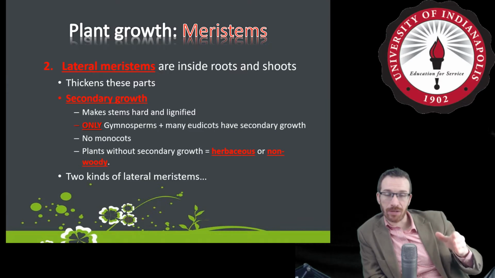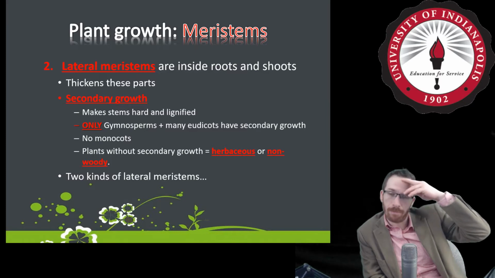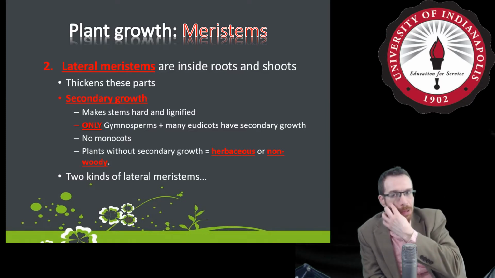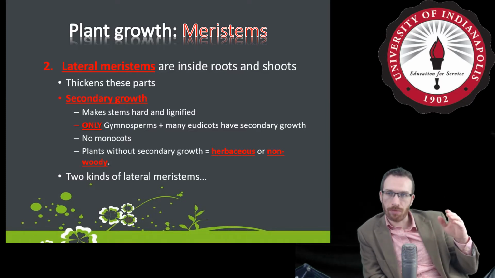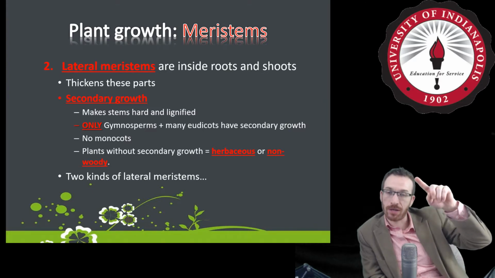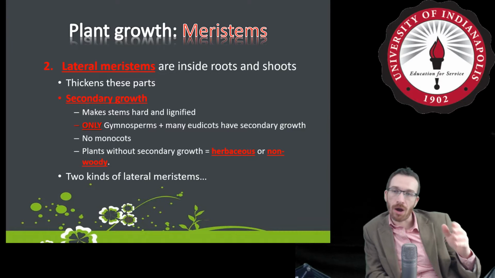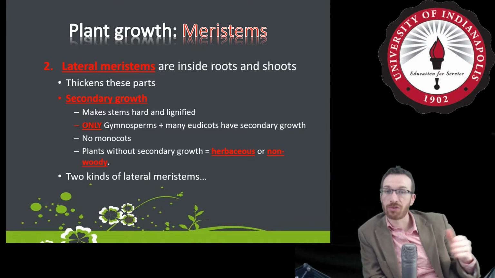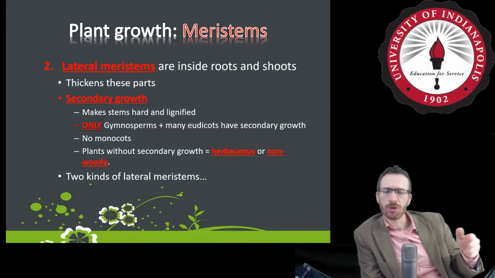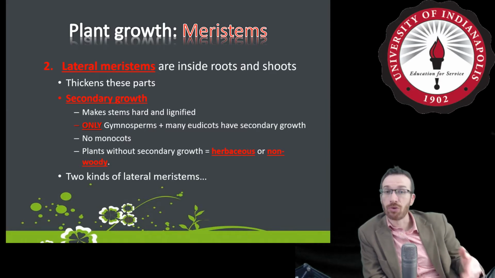Some plants have those lateral meristems just going through primary growth and producing a little bit of xylem and phloem. So what I mentioned up here, that secondary growth comes from lateral meristems, it's true, but not all lateral meristems produce secondary growth. So for example, you have a tulip.